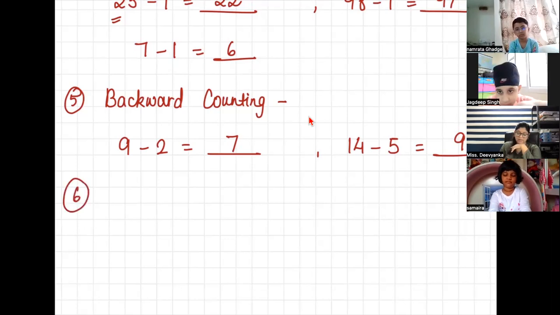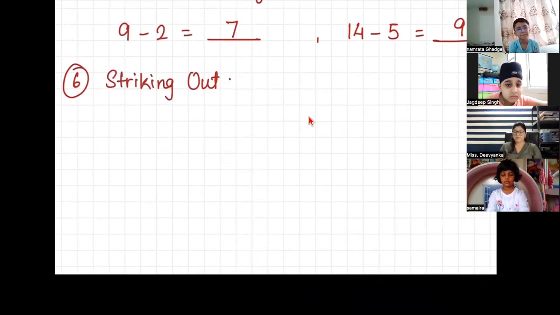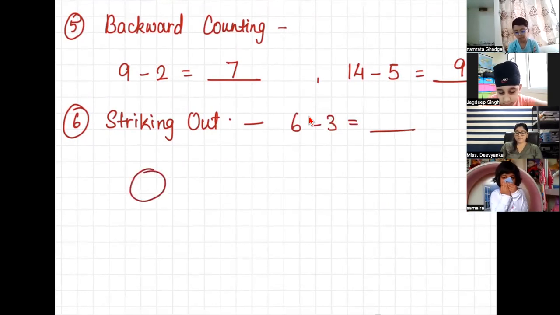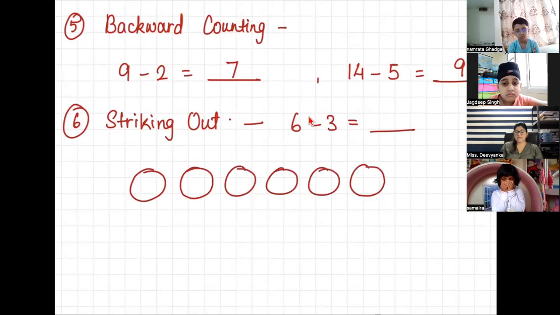And the last one is called striking out. But this is like the very basics that you start with. Any number of pictures are given to you. Let's say the sum is 6 minus 3. And some pictures are given to you. 1, 2, 3, 4, 5, 6. And you just have to strike out the smaller number, 1, 2, 3.